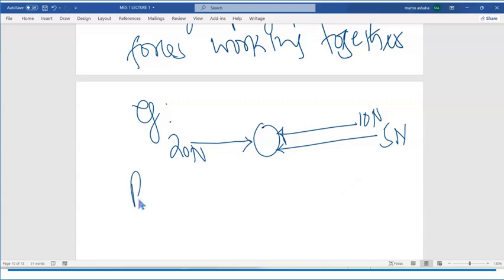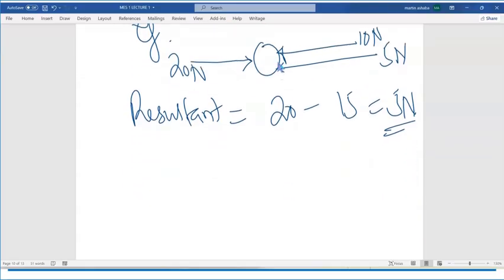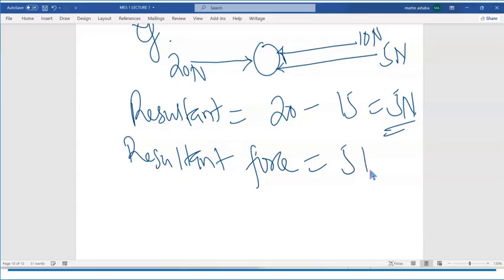So the resultant will be, I just get the highest force minus the smallest force. So here this will be 20 minus 15, and that would be 5 newtons. So if I applied 5 newtons to this body, the resultant force is equal to 5 newtons.